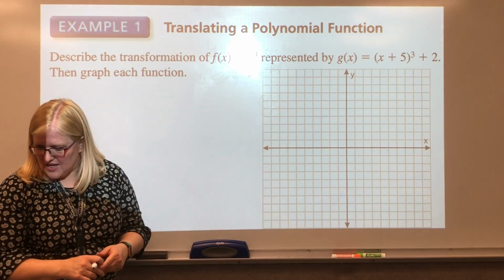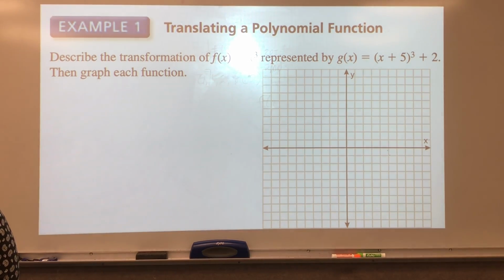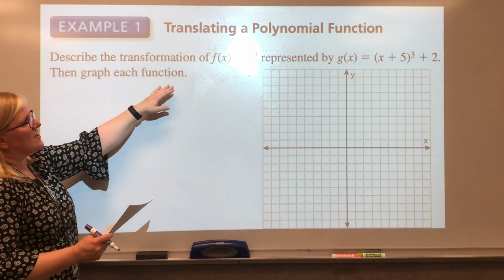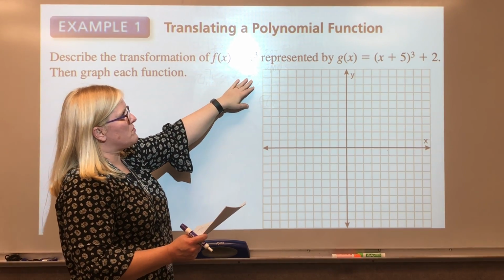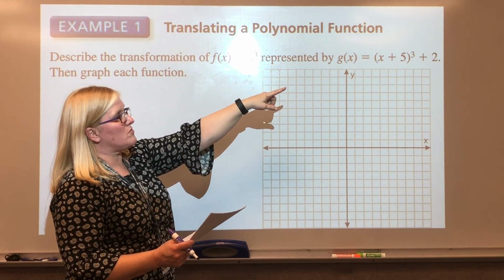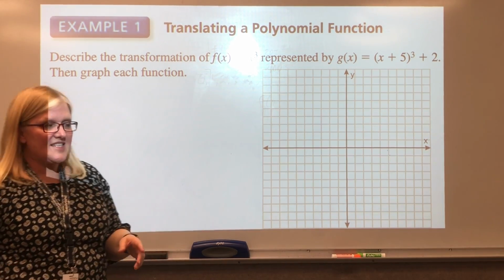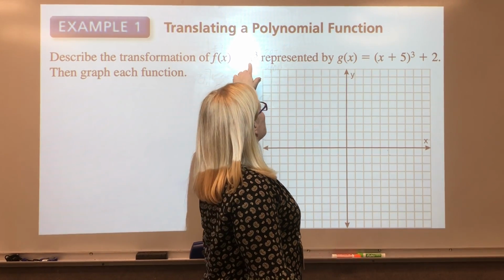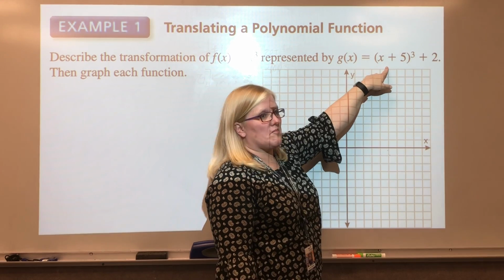So, okay, I did all these already. Describe the transformation of f of x equals x cubed, represented by g of x equals (x plus 5) cubed plus 2. So what is it that's happening from here to here? I started in this place on the map and I ended up here.